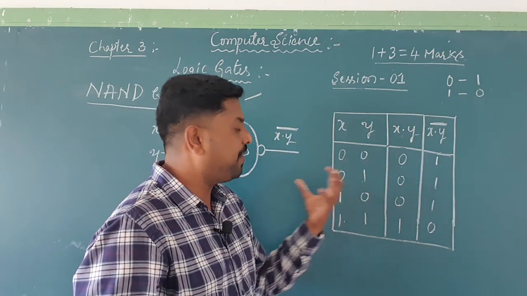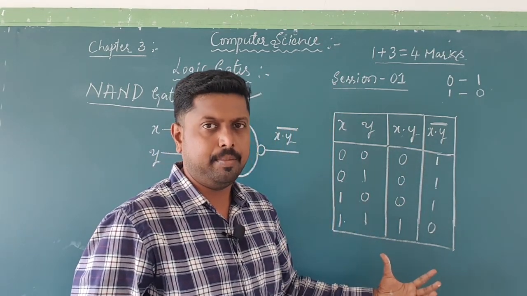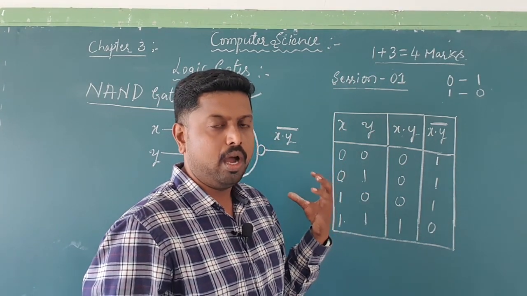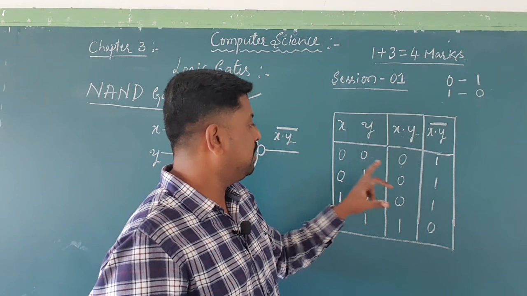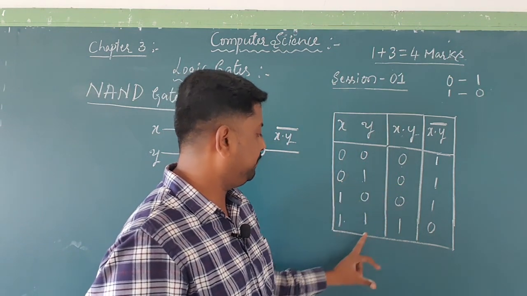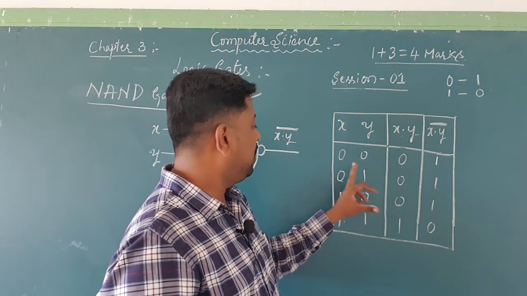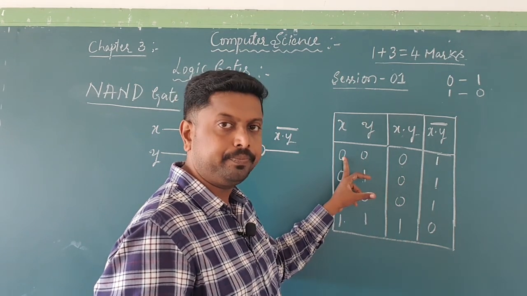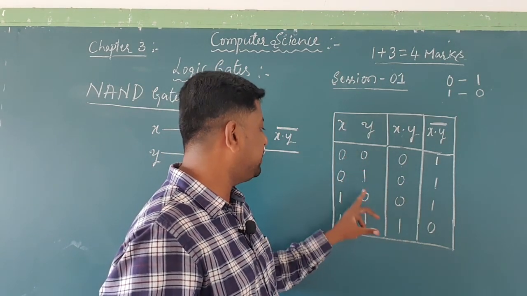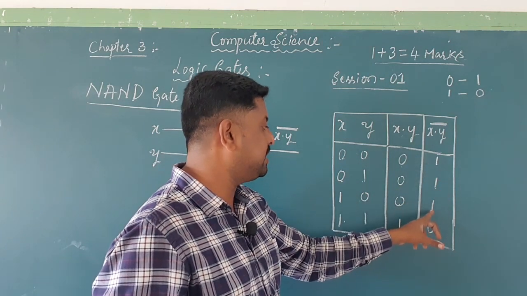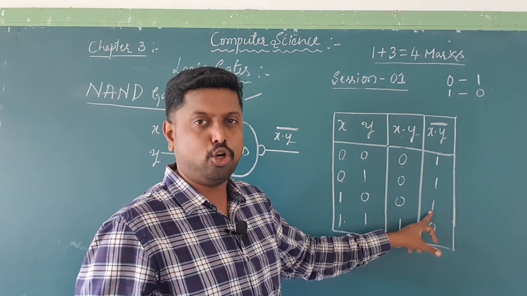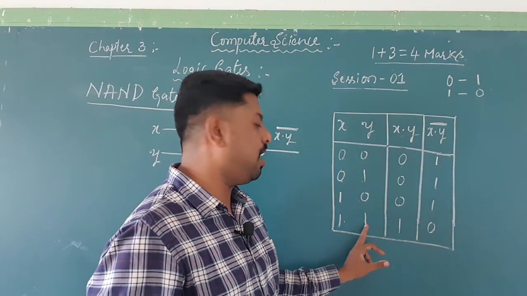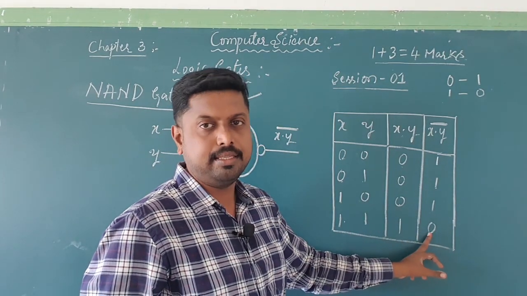And how do I explain this truth table for the logical NAND gate? Whenever any one input is low, or any one input is 0, then the result is high or true. Whenever both inputs are 1, then the result is 0.